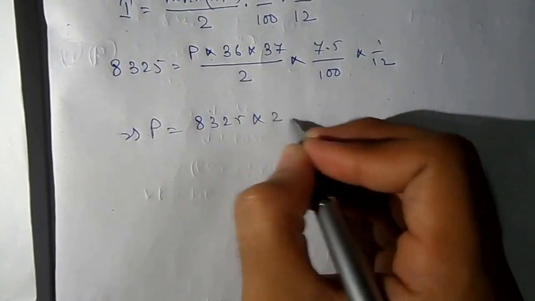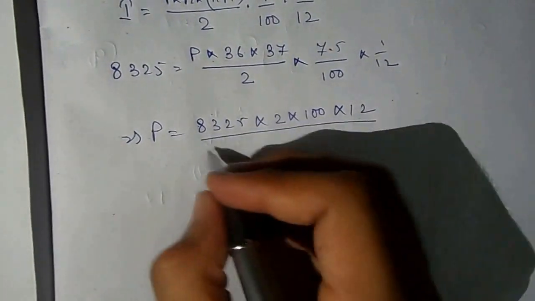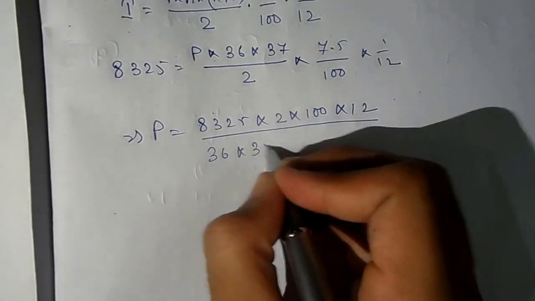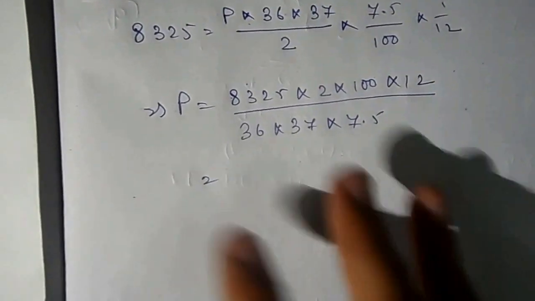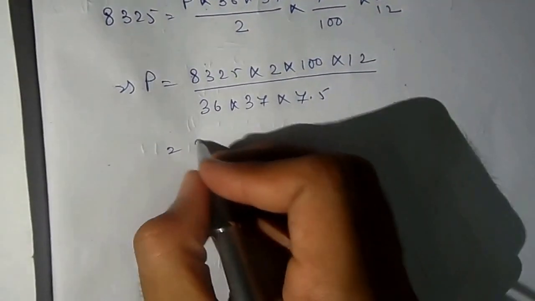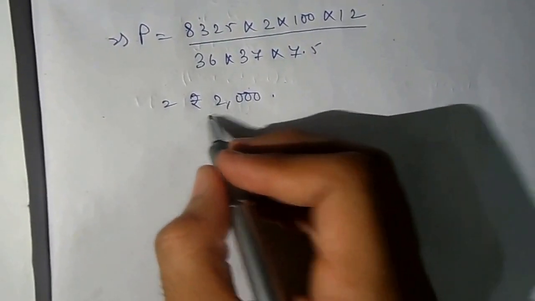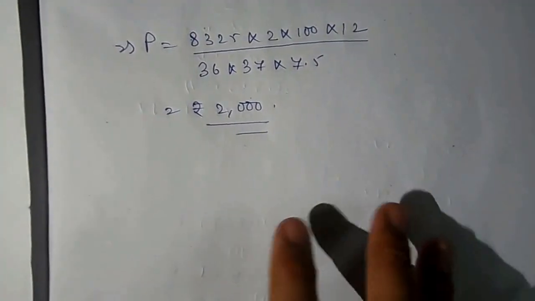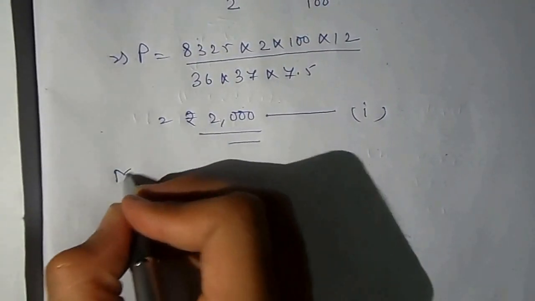P therefore equals 8325 into 2 into 100 into 12 divided by 36 into 37 into 7.5. Now this will equal rupees 2000. So rupees 2000 is your monthly deposit. This is your first answer. Now maturity value. What is maturity value?